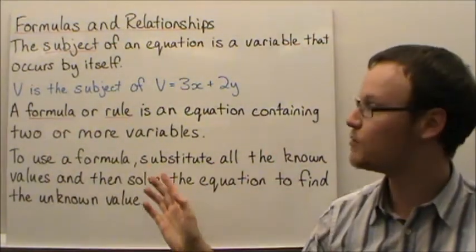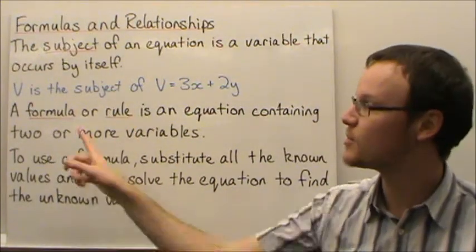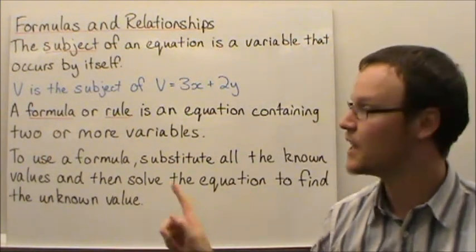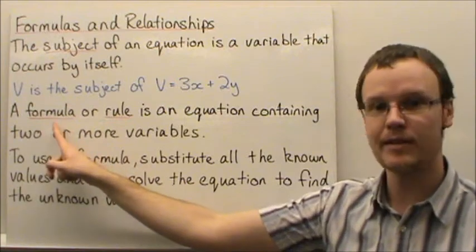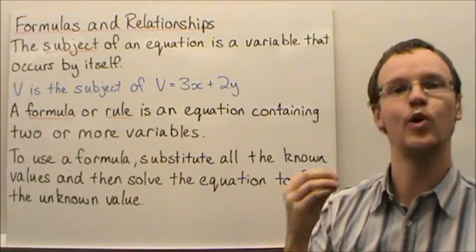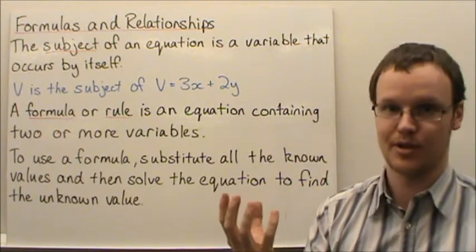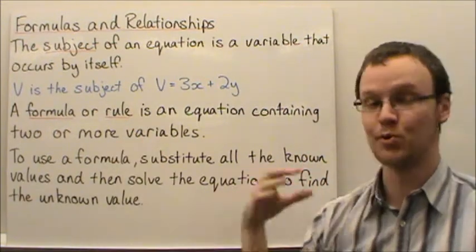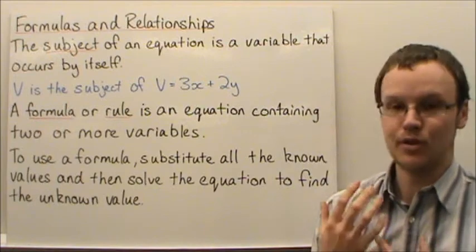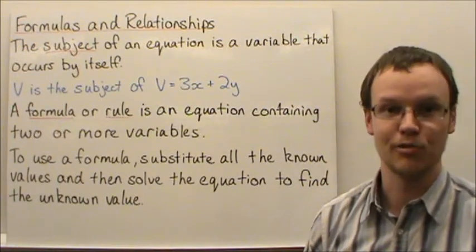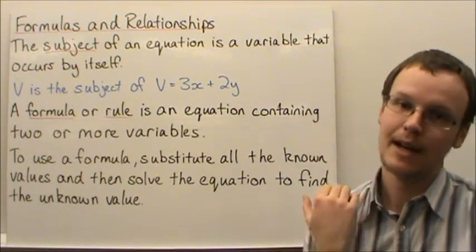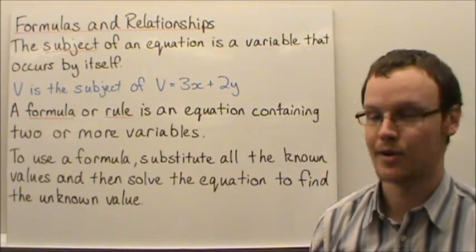It is the subject. A formula or a rule is an equation containing two or more variables. That is true of both of them. A rule has two or more variables and a formula has two or more variables. The difference between a rule and a formula is a real world application, a real world use of an equation, whereas a rule could just be to demonstrate a graph or demonstrate a more abstract concept.